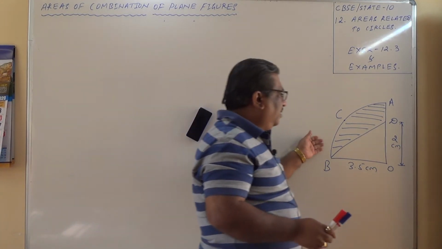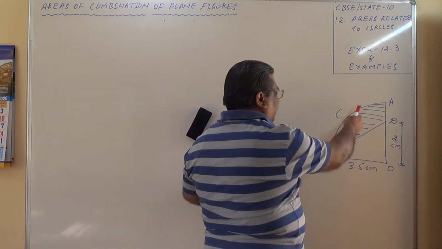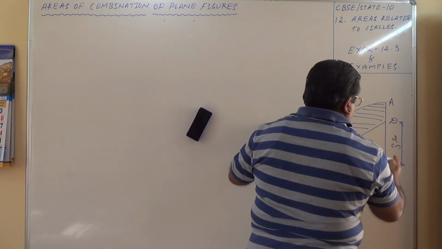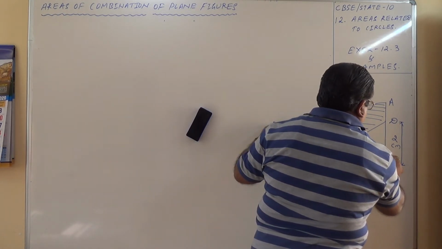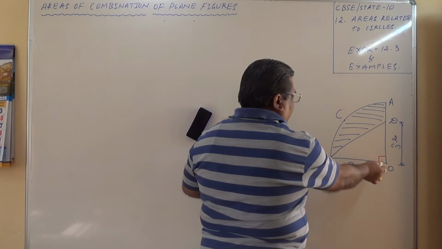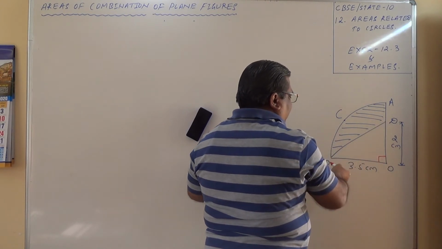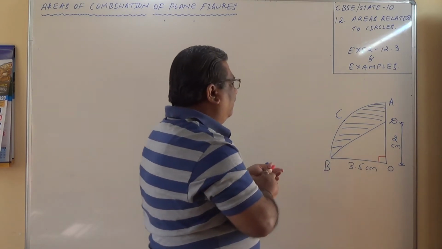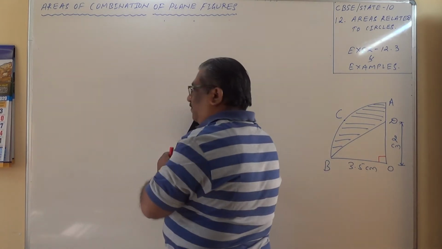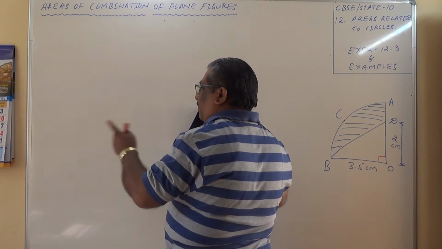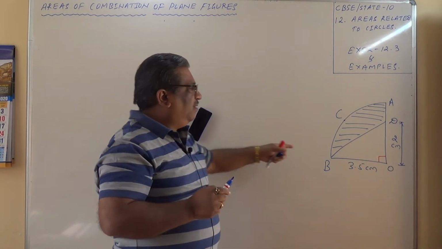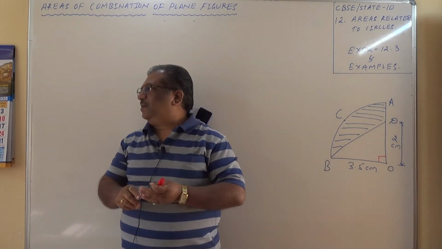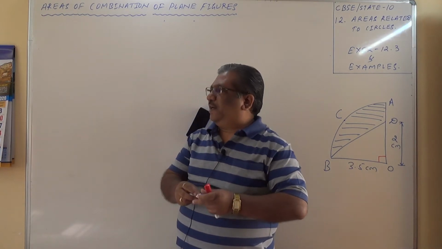This is a diagram here, and OACB is a quadrant, and therefore definitely this is a right triangle here. Given OA equals OB equals 3.5 centimeter and OD equals 2 centimeter, that is given to you. So according to the first part of the question, first we have to find out the area of the quadrant and then the shaded region.